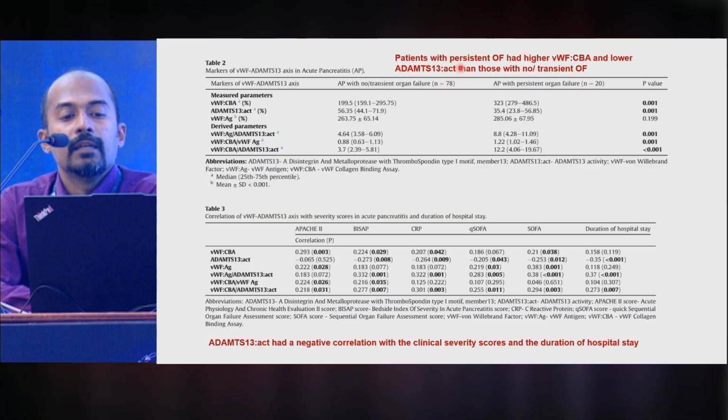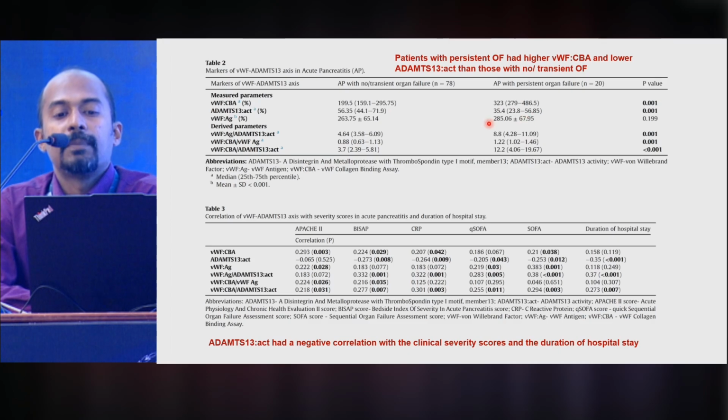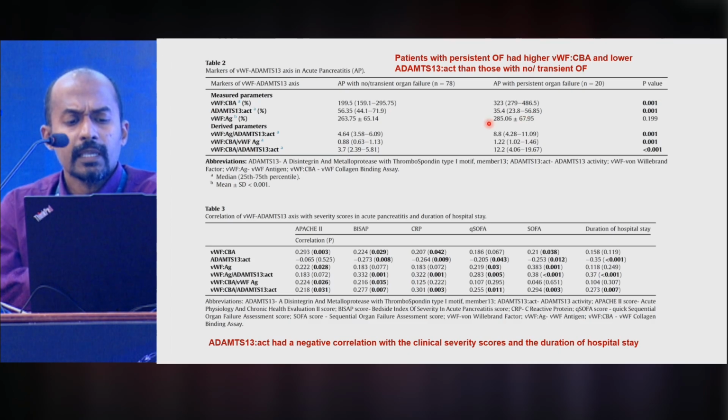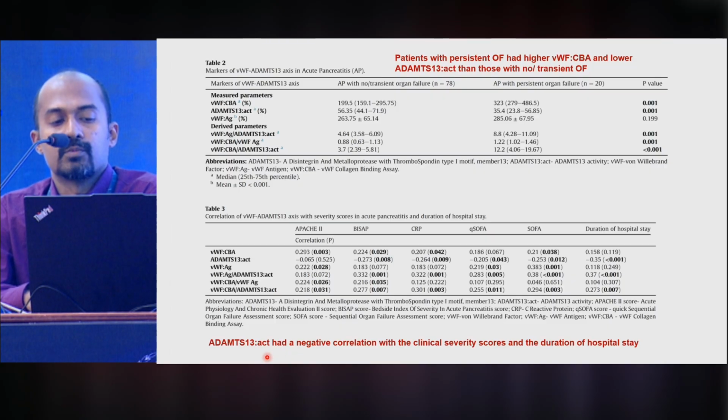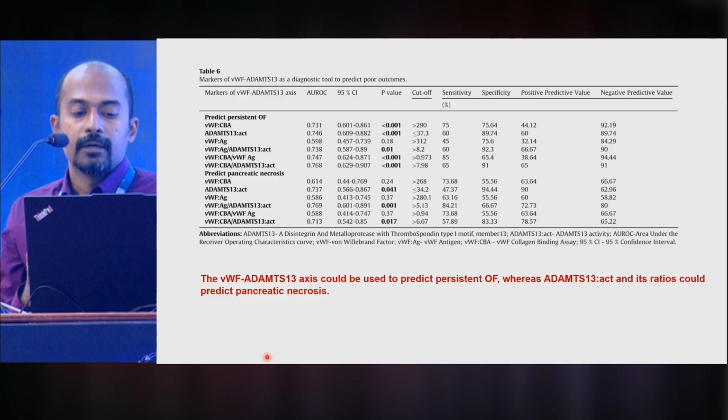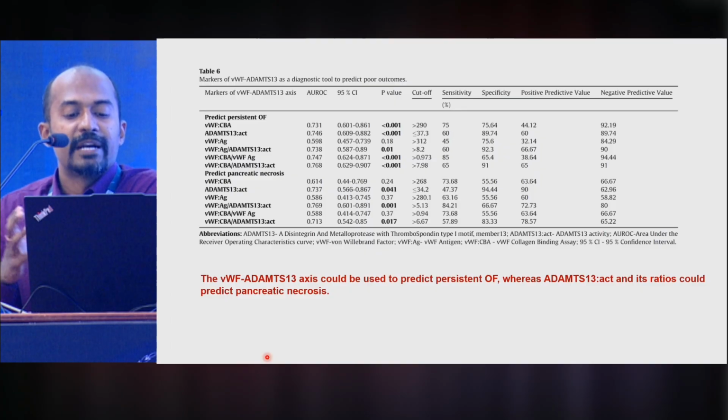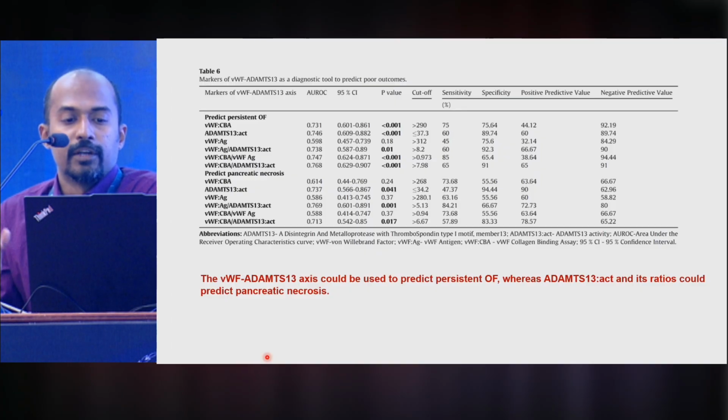Similarly, ADAMTS13 was lower in those patients with persistent organ failure. In terms of correlation with clinical severity, ADAMTS13 had a negative correlation with the clinical severity scores and the duration of hospital stay as well. So this could be a good marker towards predicting persistent organ failure and so on.